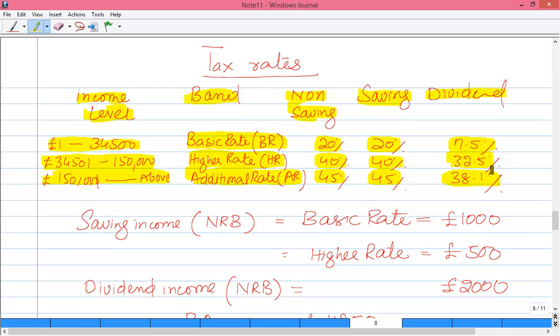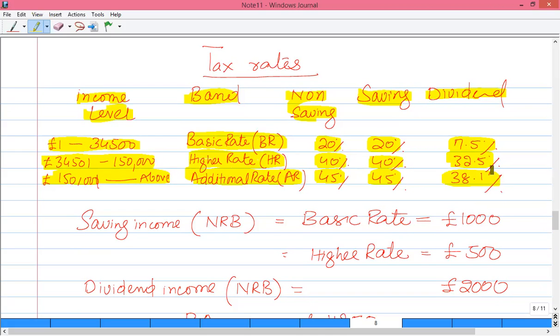Now, one more thing, that is the saving income nil rate band. You have been provided this in the tax sheet as well. So what exactly is the concept of nil rate band? Nil rate band means that certain income is taxed at a rate of 0%.